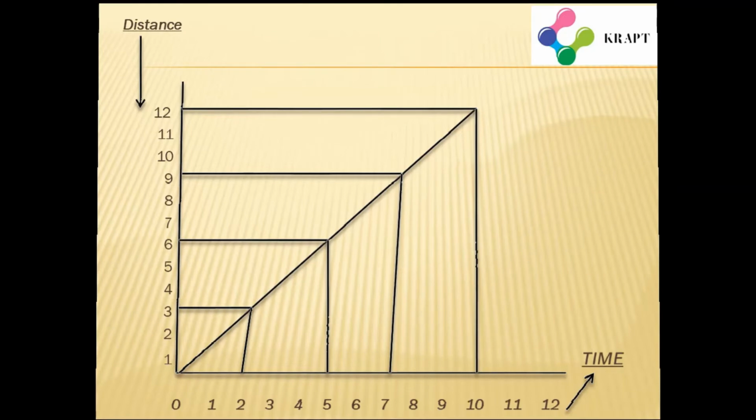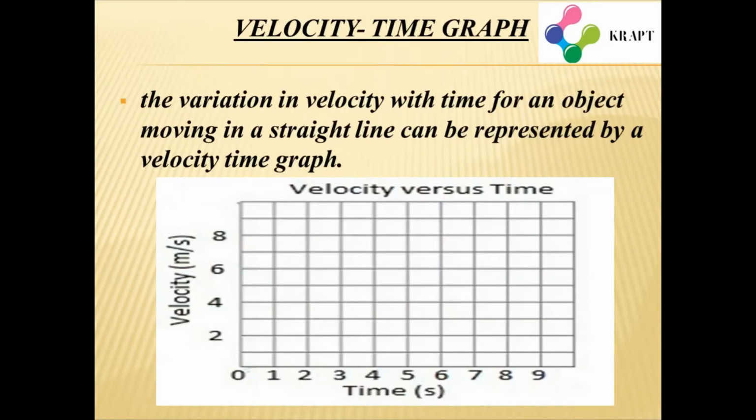Moving ahead, let us learn about the velocity time graph. The variation in velocity with time for an object moving in a straight line can be represented by a velocity time graph. Here velocity is represented on the y-axis and time is represented on the x-axis.